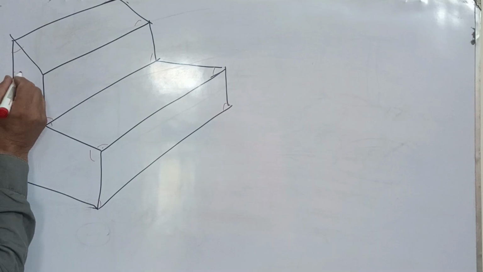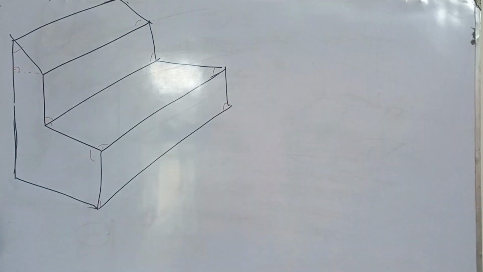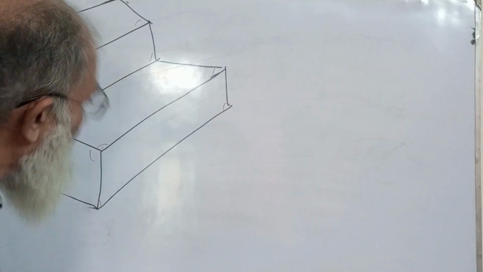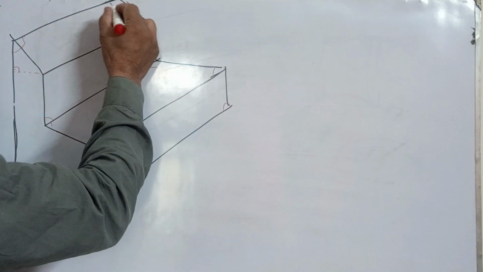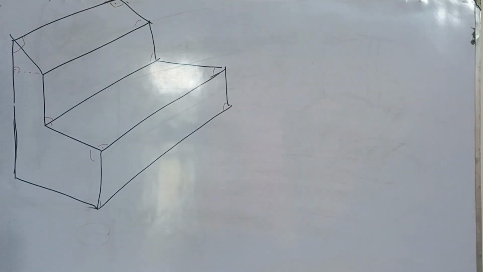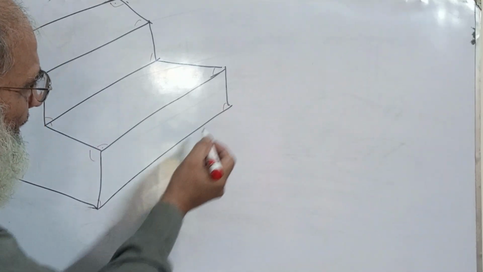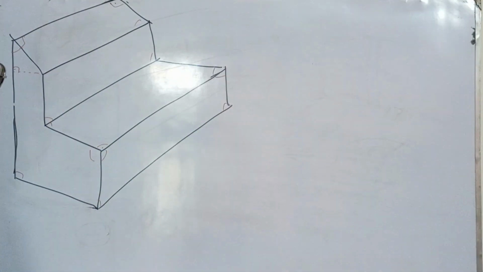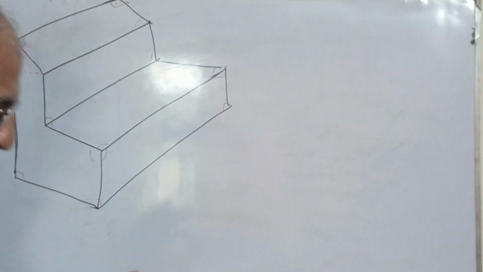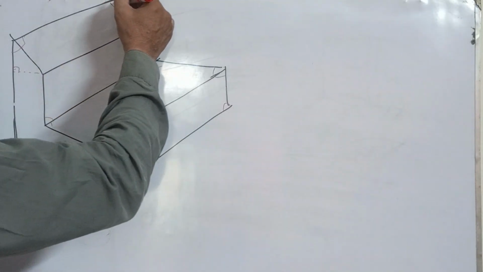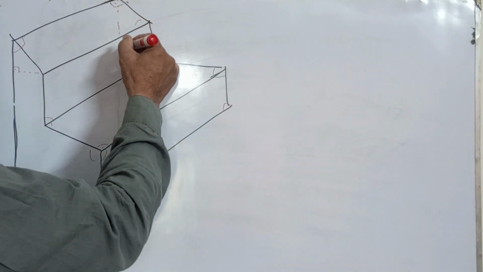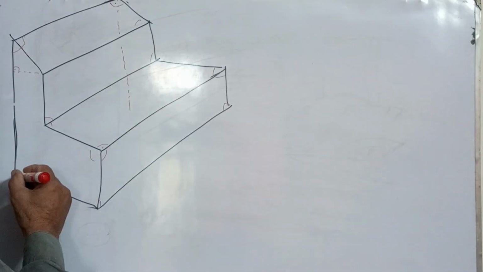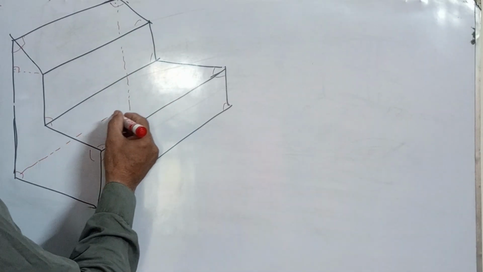But even then, here it is also given. These all three are right angles, these two are right angles. And the dotted line behind this figure is also given here.